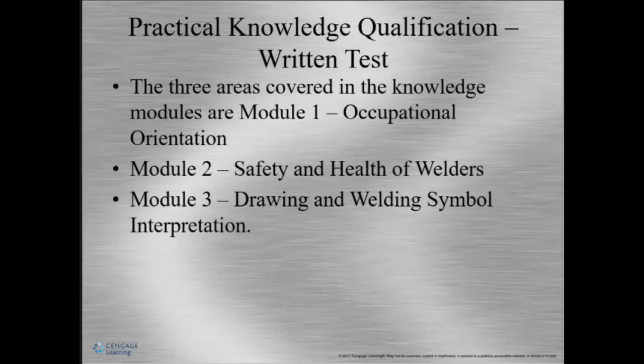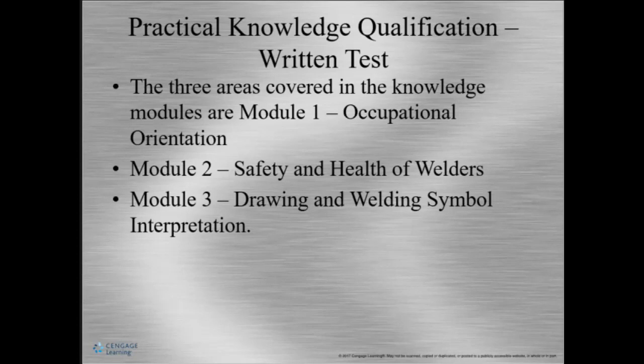All right, so practical knowledge. Well, there are going to be 3 different areas covered. Actually, more than that when we talk about this, but we're going to go through a bunch of different sections, and this is how the curriculum is broken down. The first module is an occupational orientation, or, hey, what's welding? Module 2, safety and health. Module 3, drawing and welding symbol interpretation. This is blueprints.